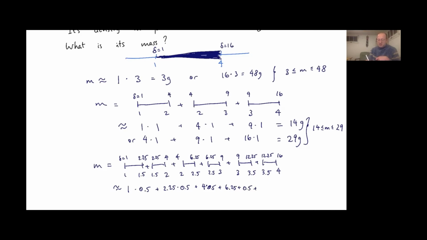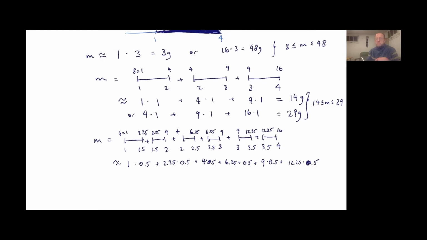Our second to last piece has density about 9, and it's 0.5 long. And then 12.25, and it's about 0.5 long. Again, in every segment, I took the density on the low end.